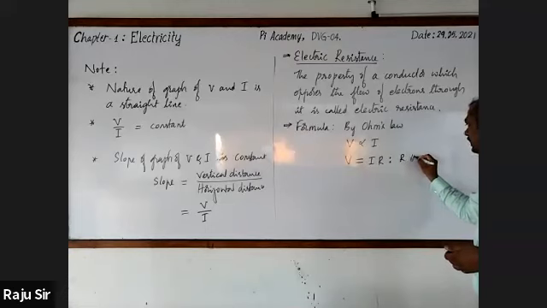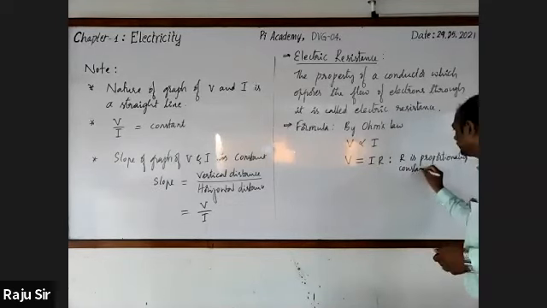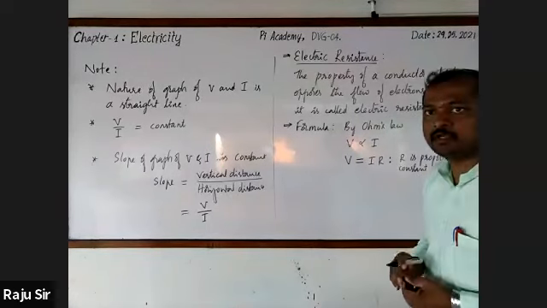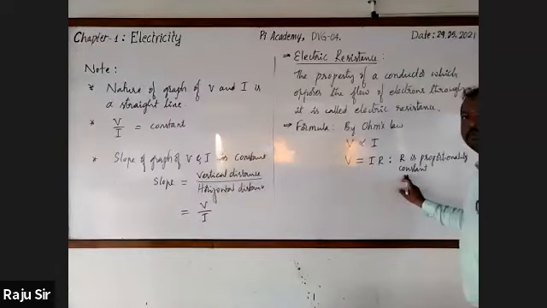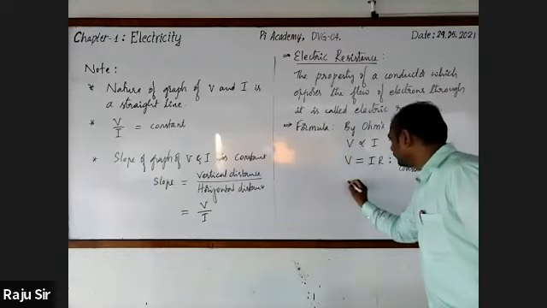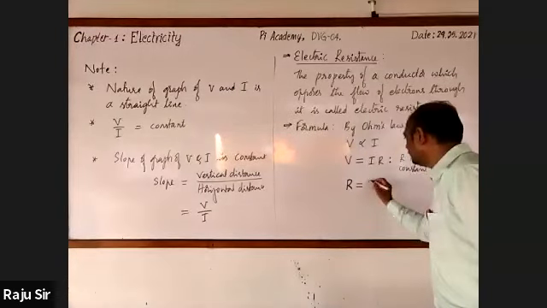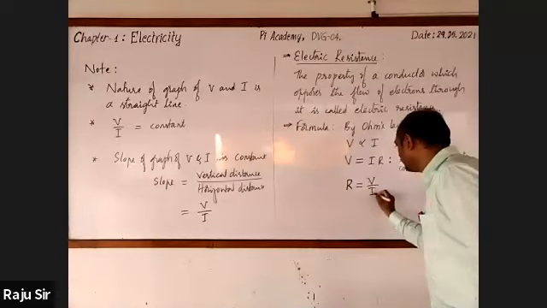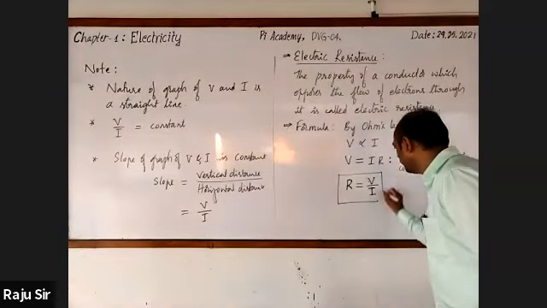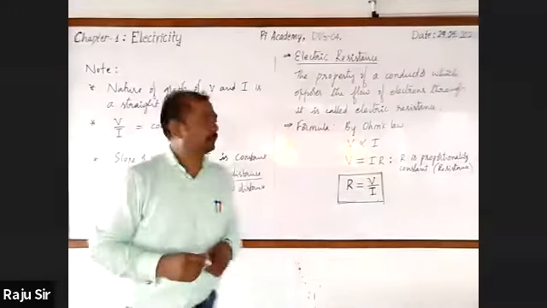Here you write R is proportionality constant, which is called resistance. Then you can write the formula to find R. Electric resistance is equal to V by I. Please highlight it. Electric resistance, that is R is equal to V by I.